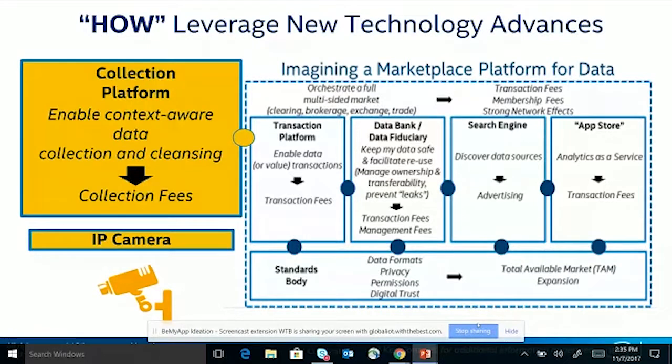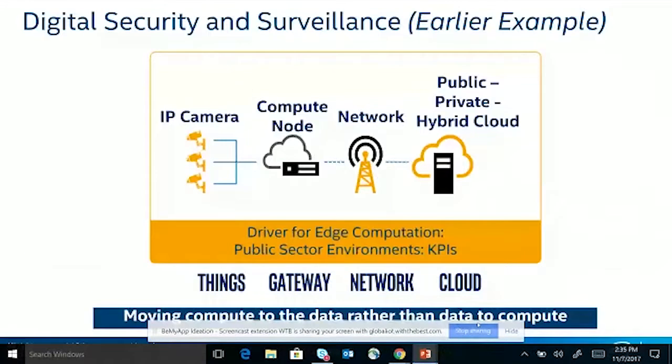So this is what I showed from the earlier example, where a camera would be the collection platform. You would have some type of computation. You could have the computation actually on a camera. You could have some intelligence there. You could have a further aggregator and compute vehicle be a compute node. You would have a network, and then you would have some type of cloud.